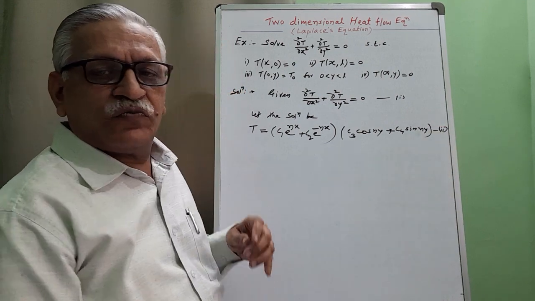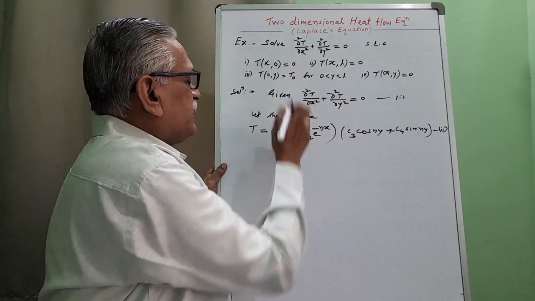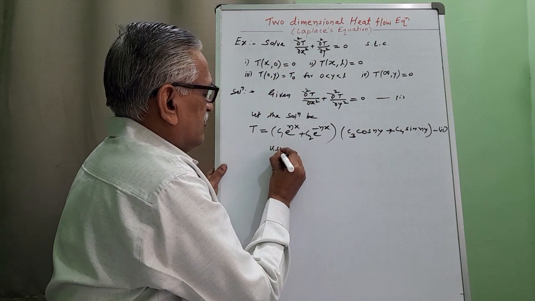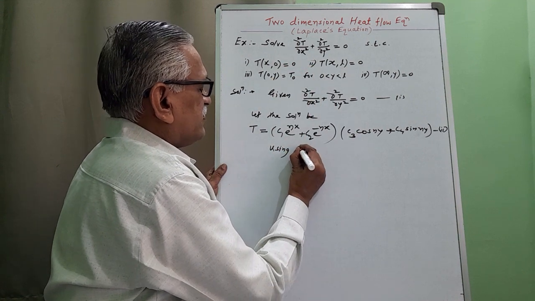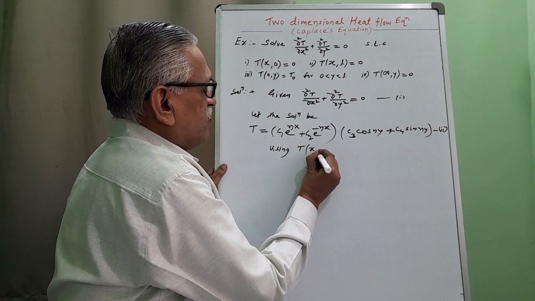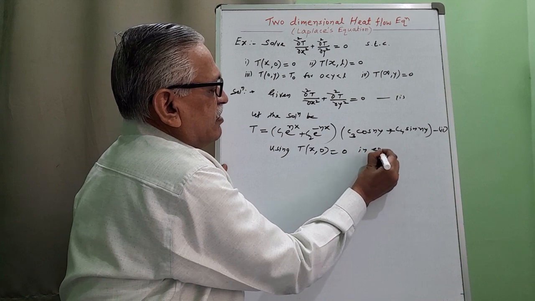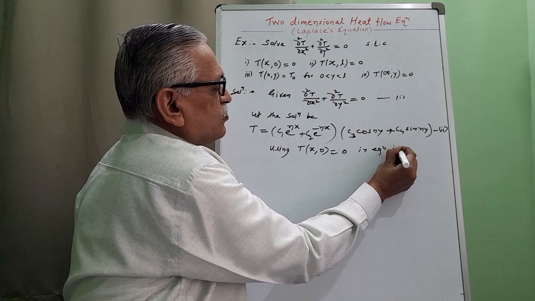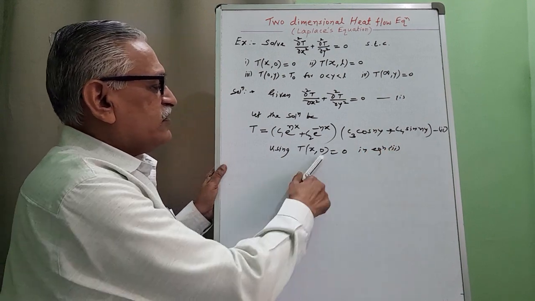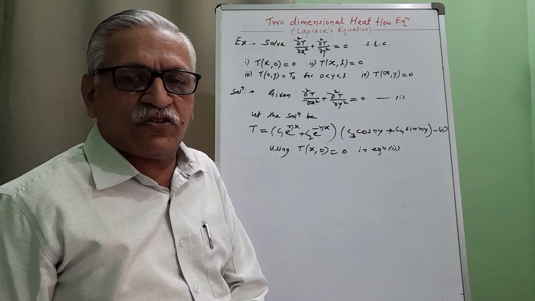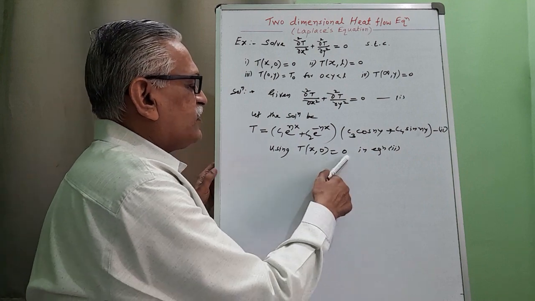As equation number 2. Then using the first boundary condition, that is T(x, 0) = 0, in equation 2: when the value of y is 0, for all values of x, the value of T is 0.